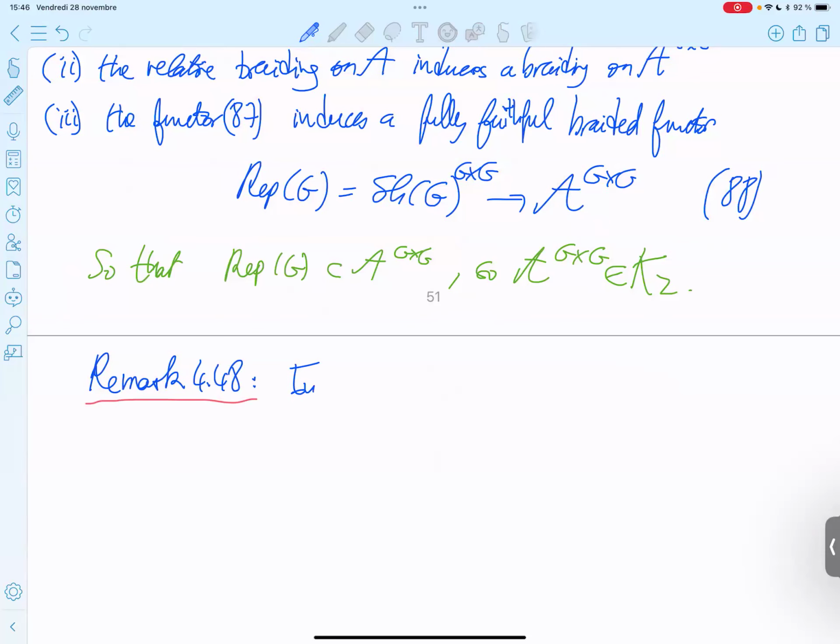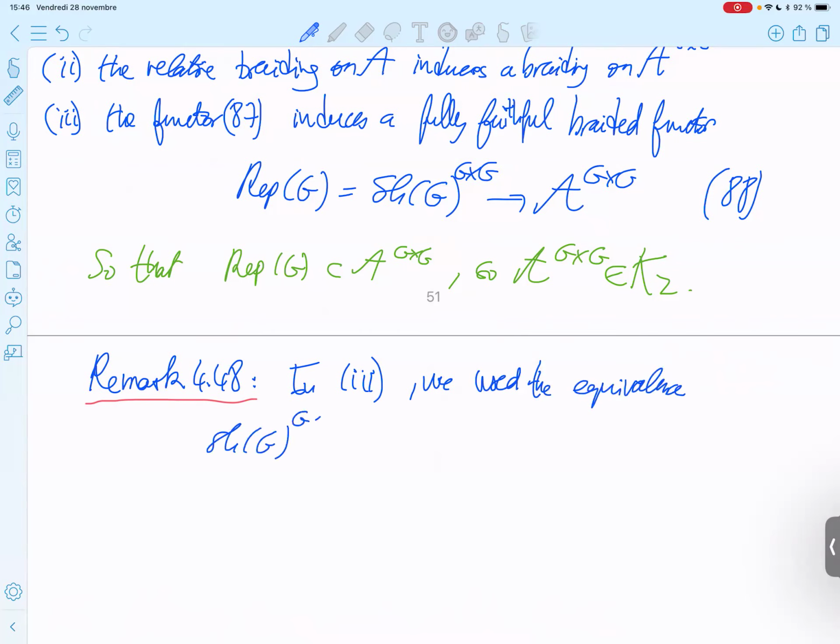So in the third point, we used the equivalence shift G to rep G.